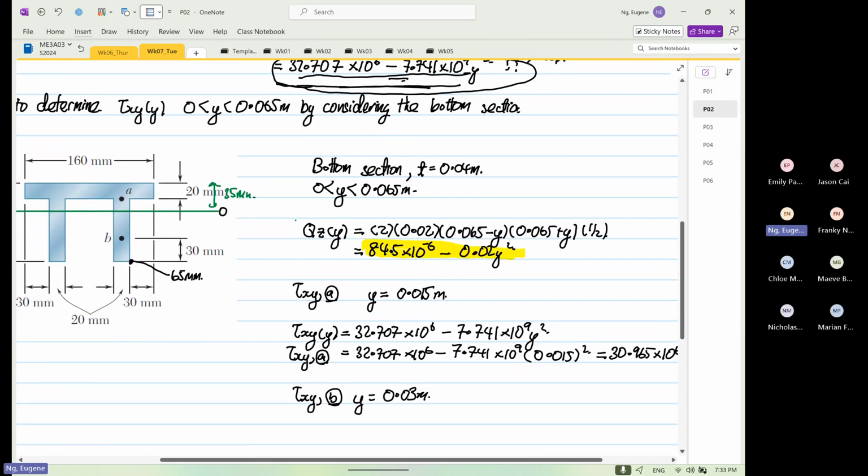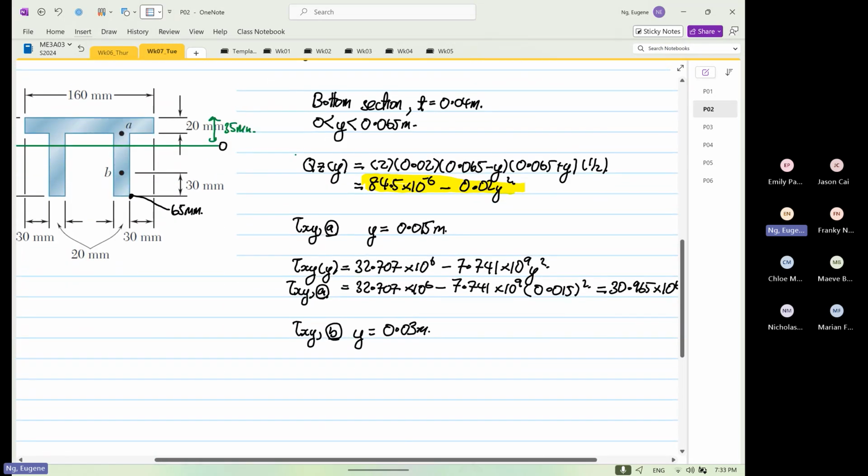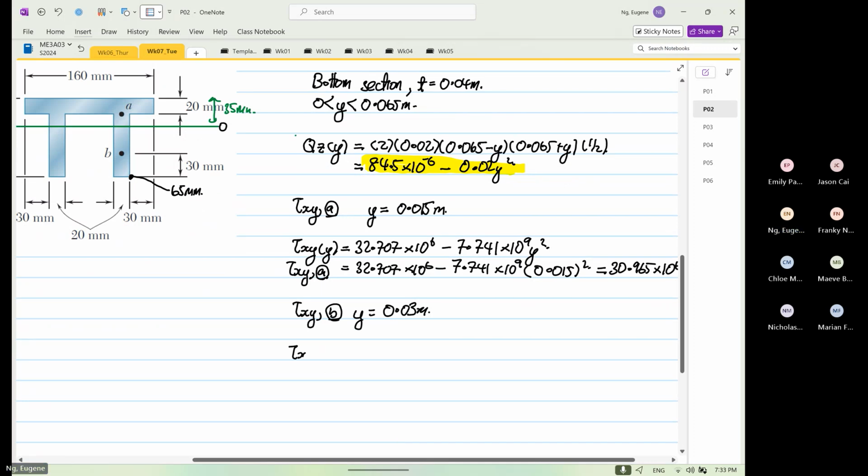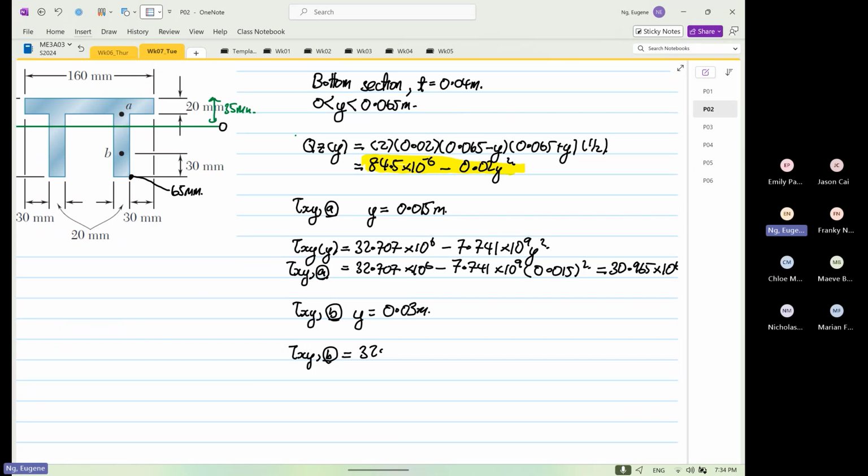So now shear xy at point B is equal to 32.707 times 10 to the power 6 minus 7.741 times 10 to the power 9, and we change this to 0.03, and we square.